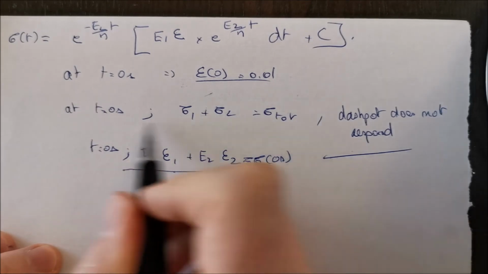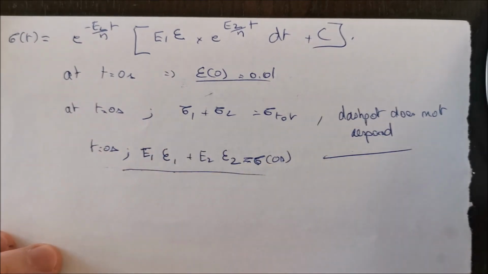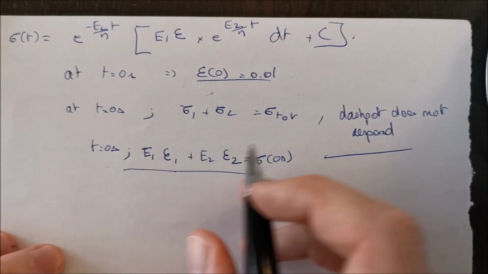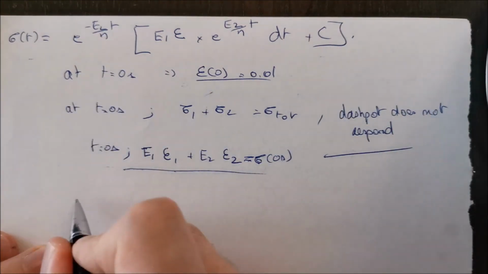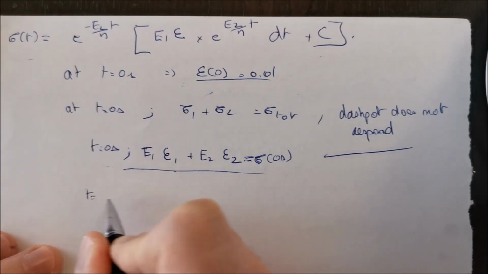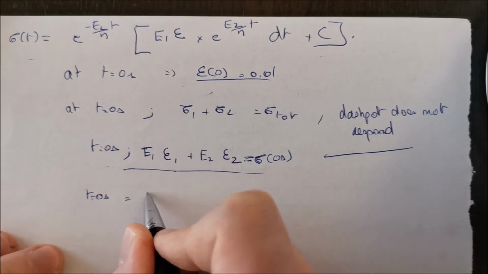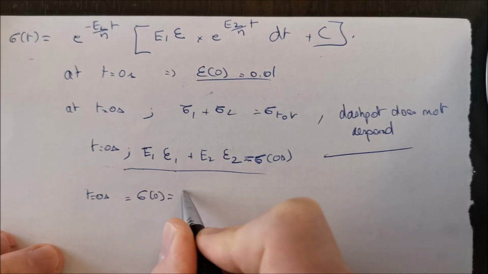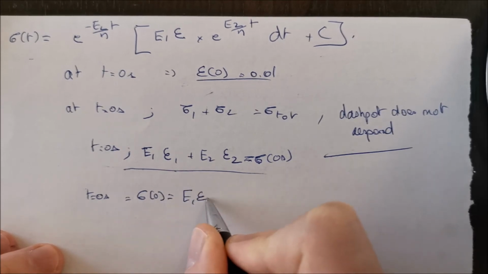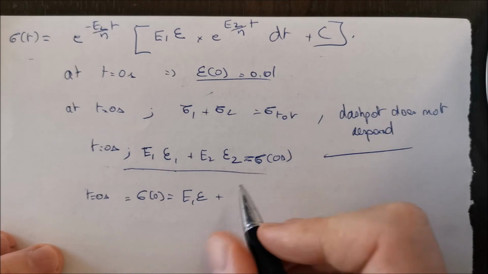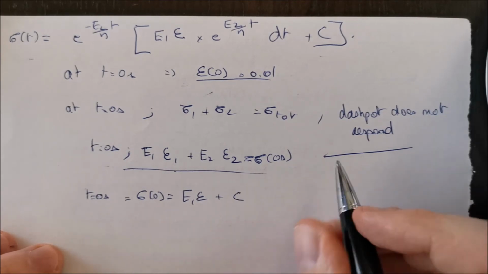So now, from the assumption that we made based on the model that we use, we can look at the expression as well. And if we put t equals 0, you will obtain a form of sigma 0 equal to E1 epsilon plus c, right?